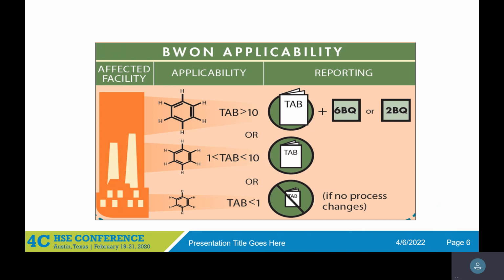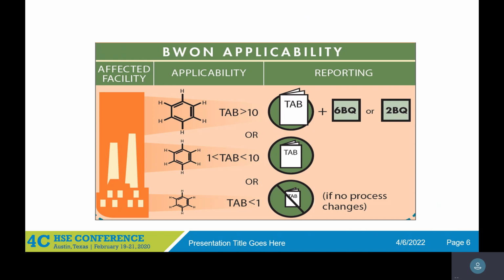It's only when you have process changes. If you're between 1 and 10 megagrams per year of benzene, then you have to report the TAB every year, but there are no controls. You just report this is my TAB. If your TAB is greater than 10, you have to do all the reporting requirements, and now you have to choose a compliance option, which could be your 6BQ or your 2BQ.